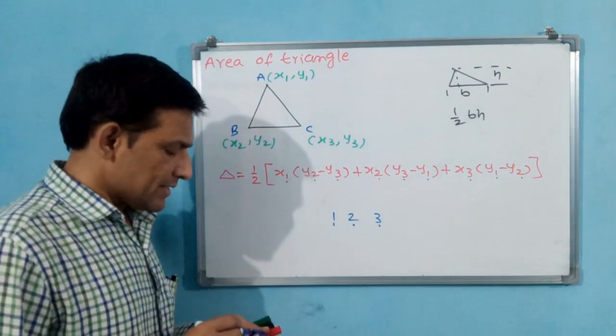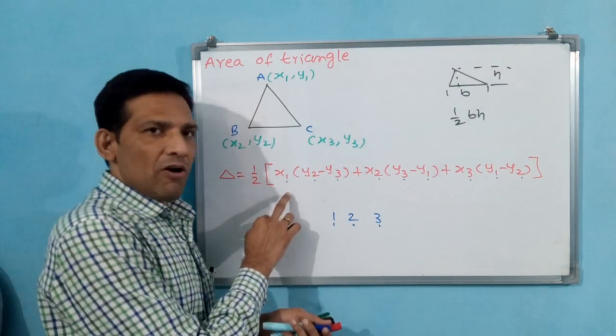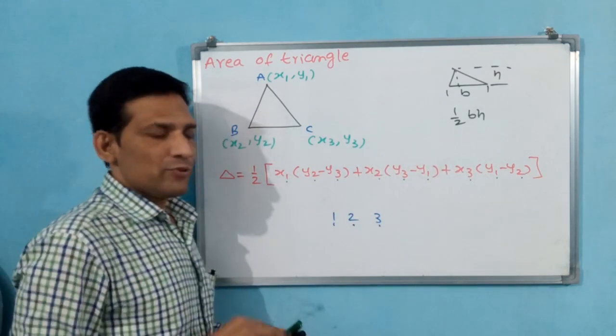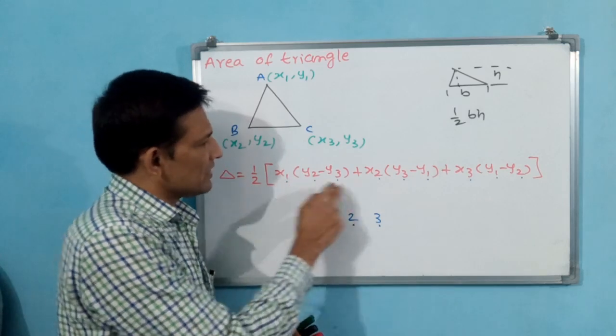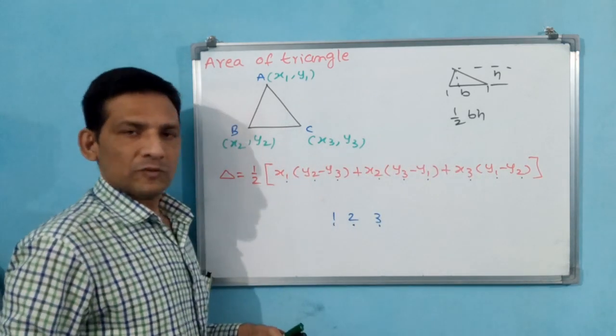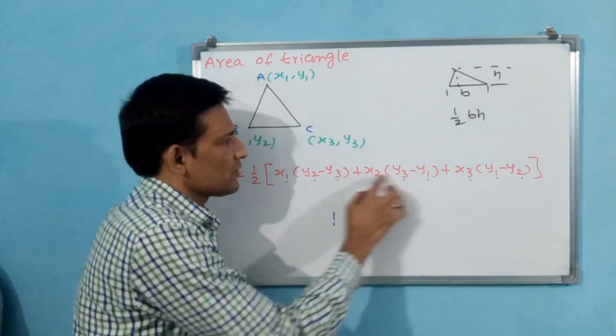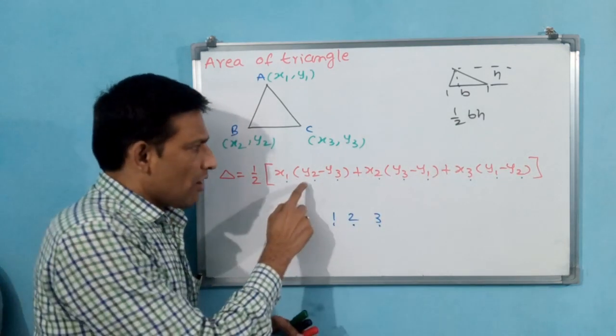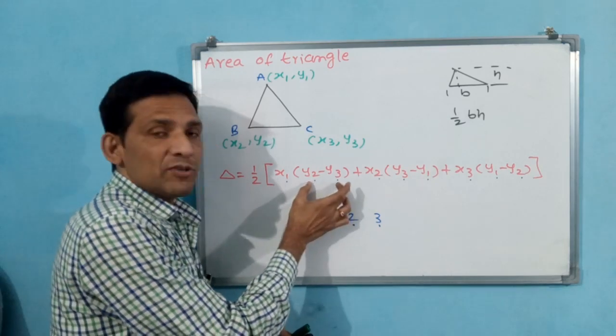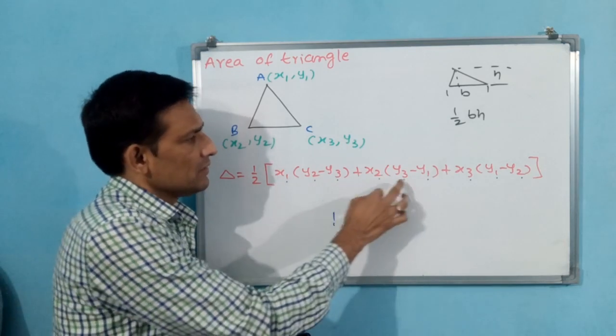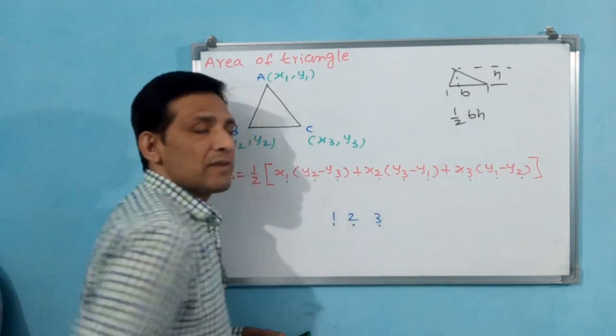This is one logic. Another logic, you see, outside all x1, x2, x3 separately you write. That's also 1, 2, 3. All are positive. All the y's, subtraction you have to do: y2 minus y3, y3 minus y1, y1 minus y2.